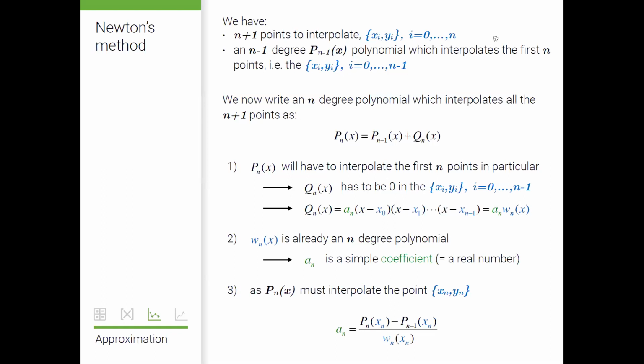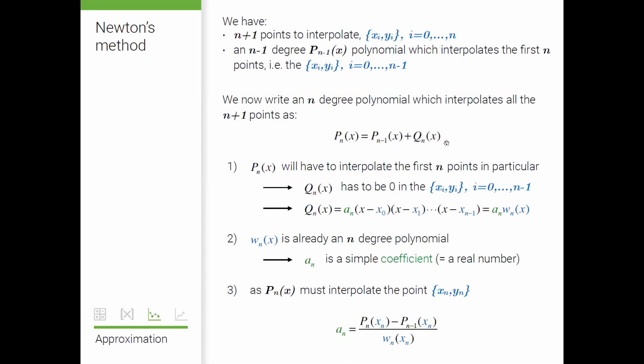We now write an n degree polynomial which interpolates all the n+1 points in this form. You can see we can write this Pn polynomial as the sum of the n-1 polynomial plus the last nth term, Qn of x.